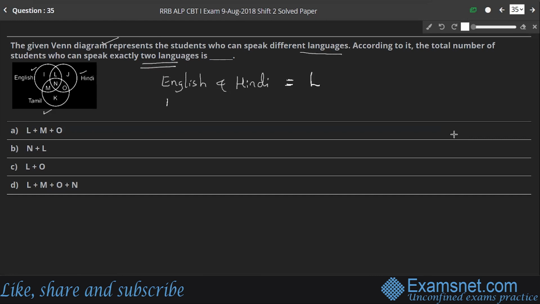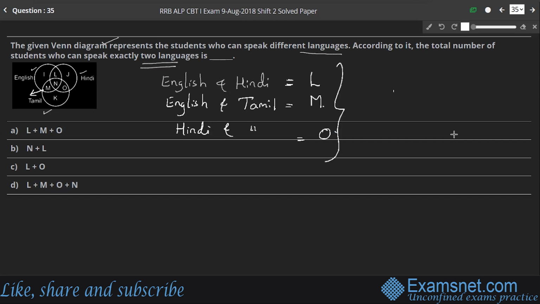And those who can speak English and Tamil? M students, the common region between Tamil and English. Therefore, M students can speak Tamil and English, and those who can speak Hindi and Tamil are O students.